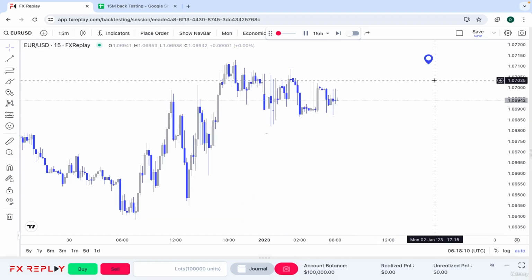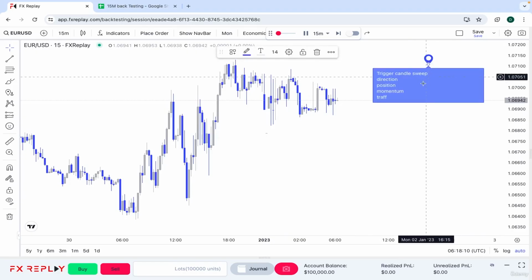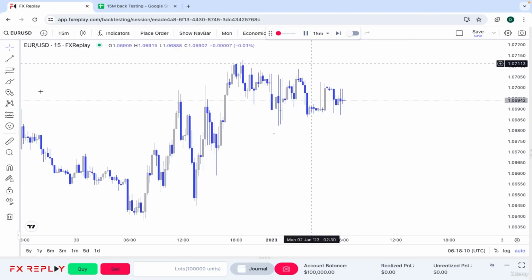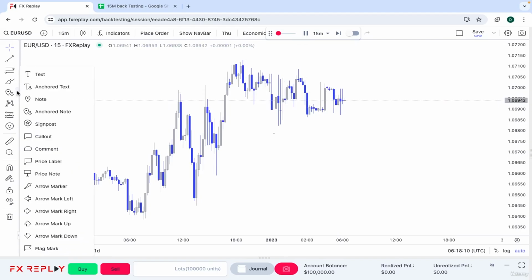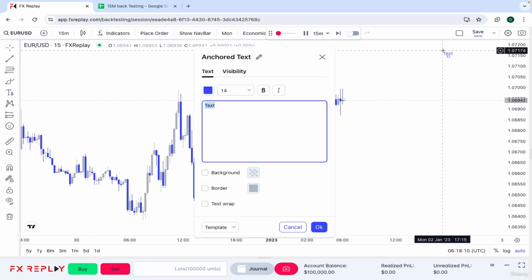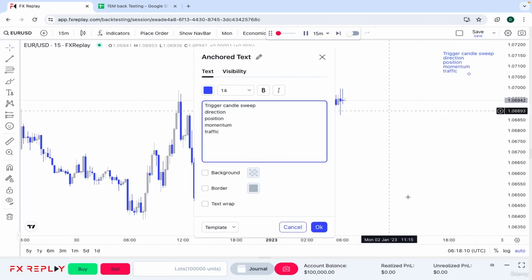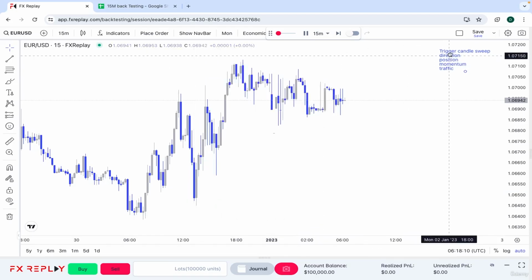Oh, where's that gone? Right, instead of using that, I was meant to click that one there. Right, trigger candle sweep, direction, position, momentum, traffic. Just helps you remember the process. I'll leave that in the corner there.